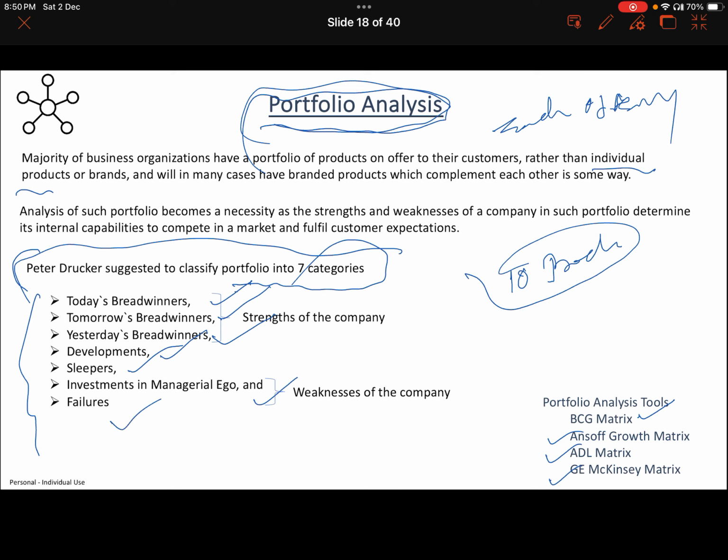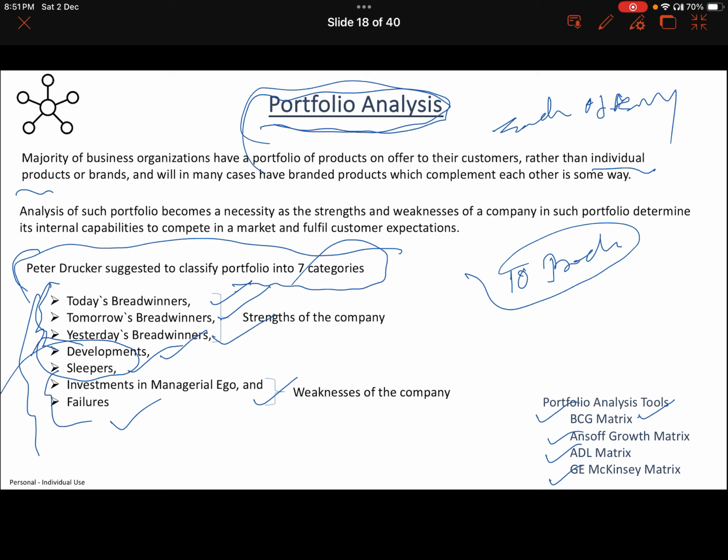So today's breadwinner, tomorrow's breadwinner, and yesterday's breadwinner category products are strengths of the company. Investment in managerial ego and failures are weaknesses of the company, and these require some more attention from the company's side. This is how Peter Drucker classifies products into seven buckets.